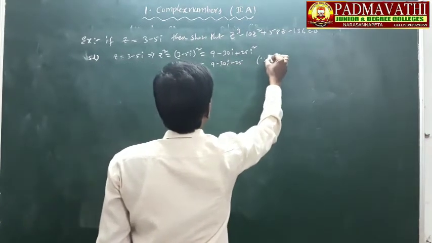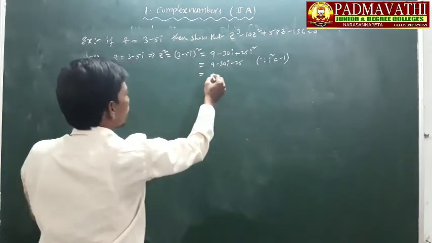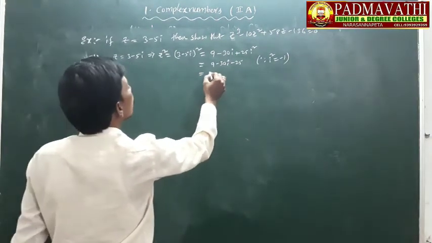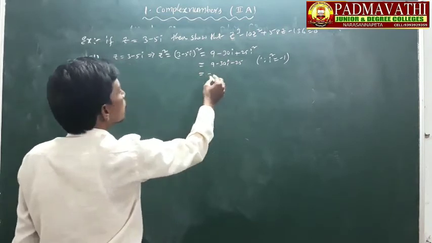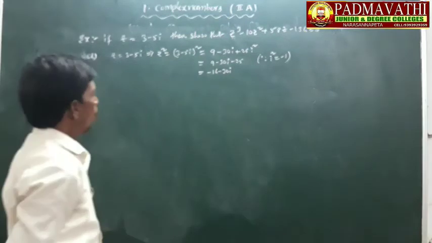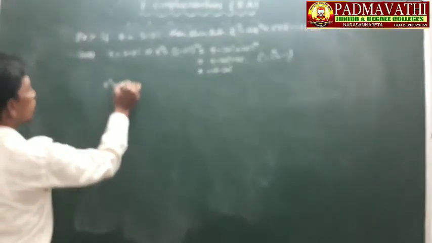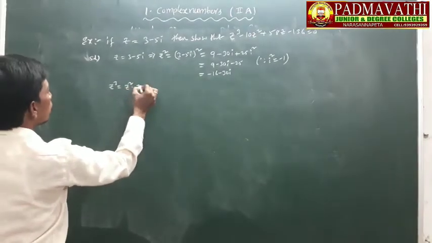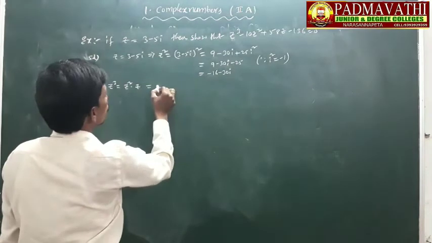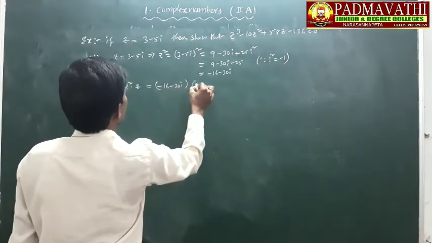Since i square equals minus 1, that equals 9 minus 25, minus 16 minus 30i. Now z cube equals z square into z. What is the value of z square? Minus 16 minus 30i.